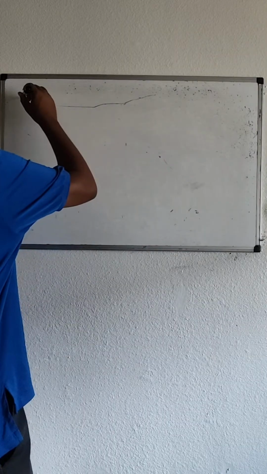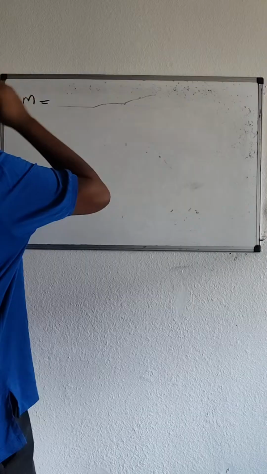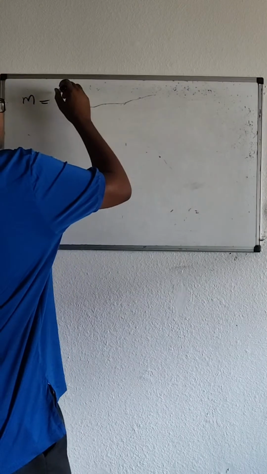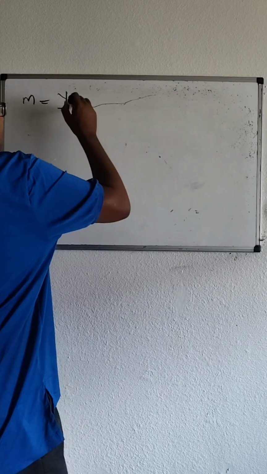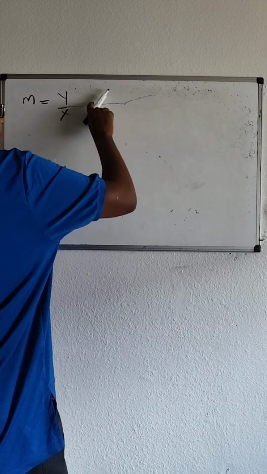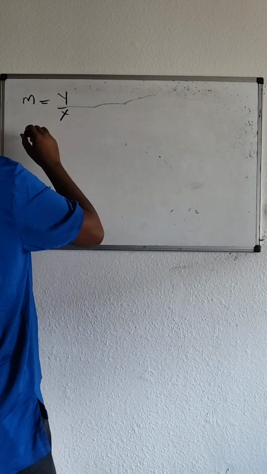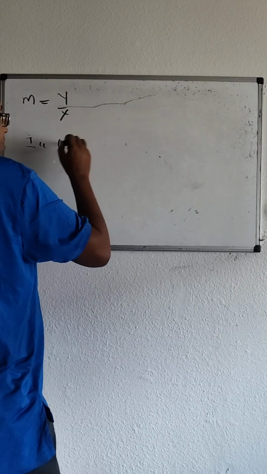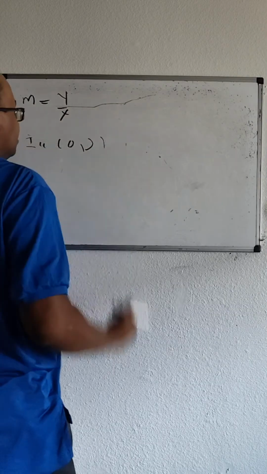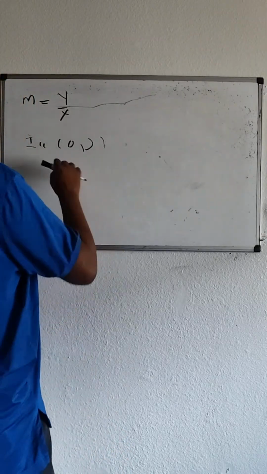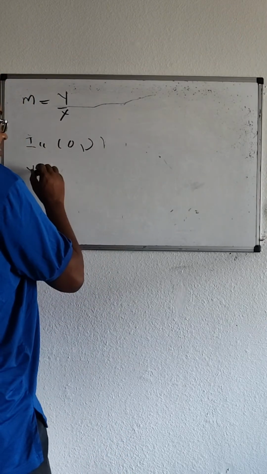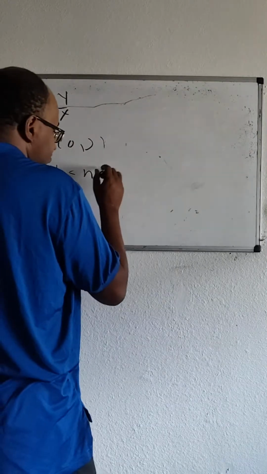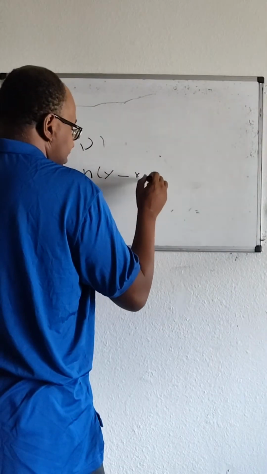So let's say m is equal to y over x. It's by theorem 1. And we have intercept 0, b. All right. So now we have to derive this. So we got y minus y sub naught equals m times x minus x sub naught.